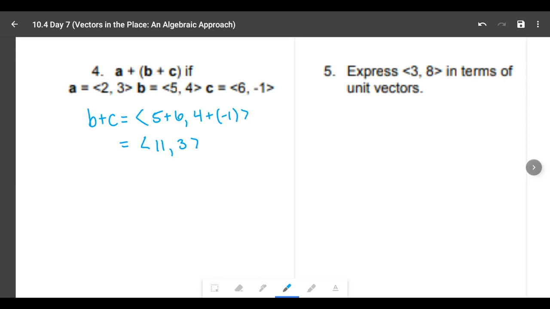And then if we go ahead and add A to that, we are going to end up having 2 plus 11, comma 3 plus 3. And so this will be the vector 13, comma 6.